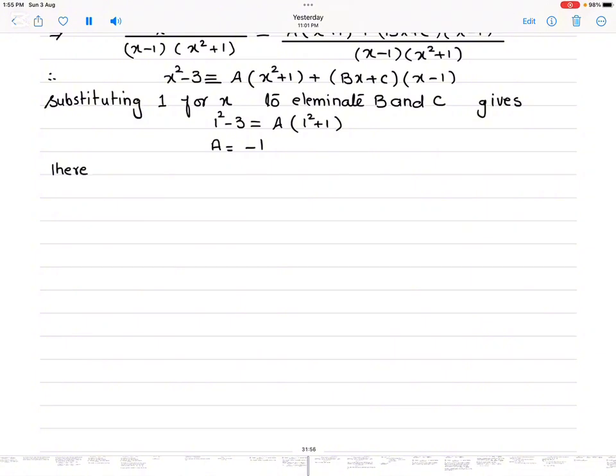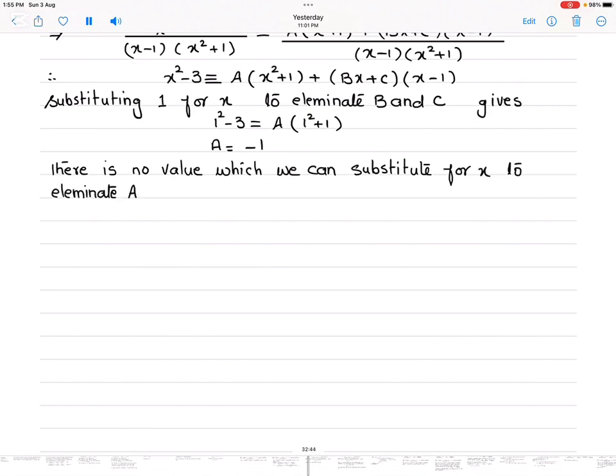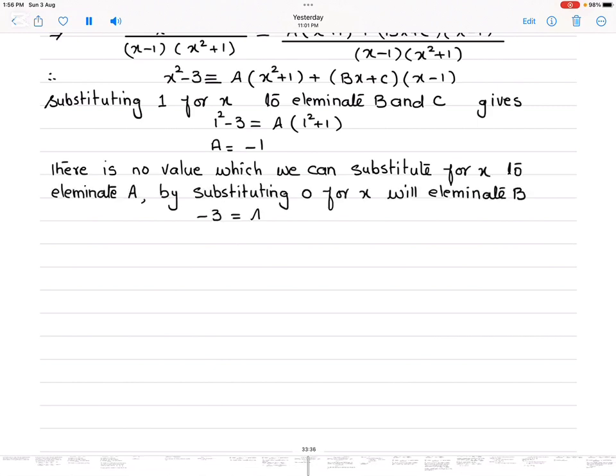So from here we get the value of a equals minus 1. There is no value which we can substitute for x to eliminate a. By substituting 0 for x, we'll eliminate b. So minus 3 equals a times 1 plus c times minus 1. So c is equal to 2.